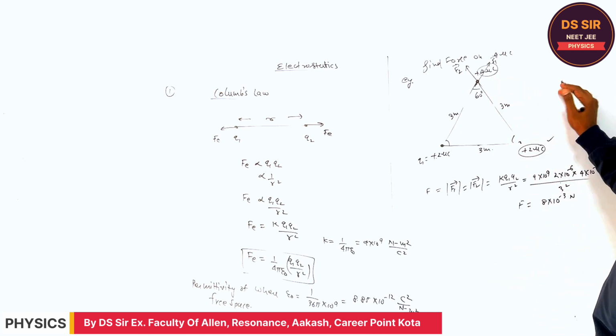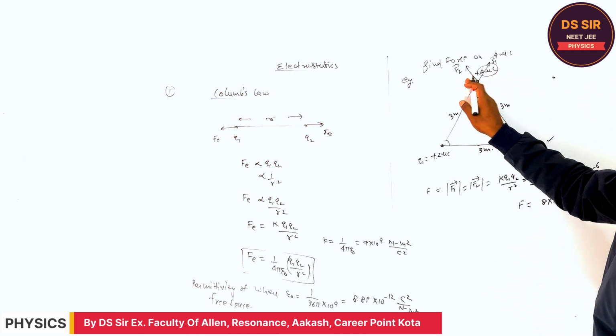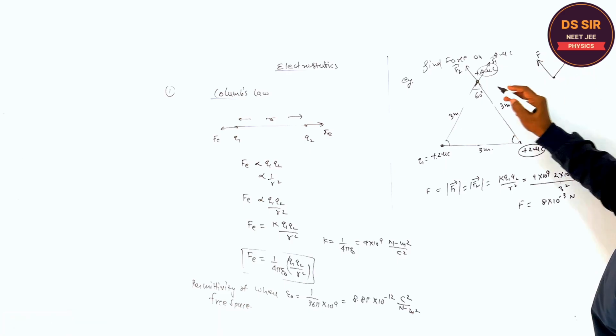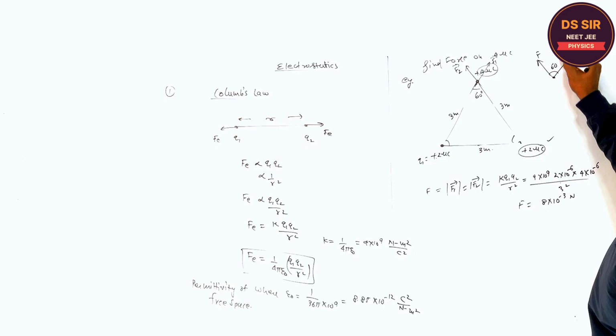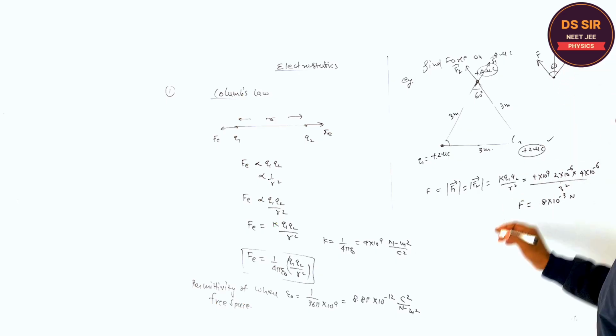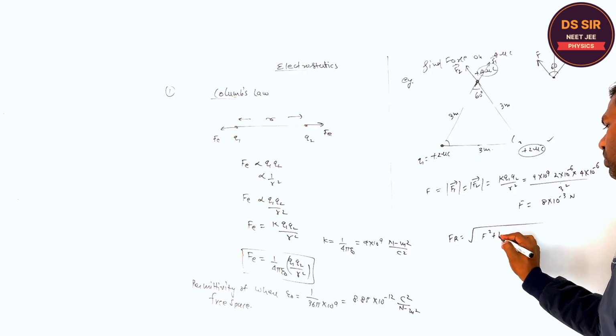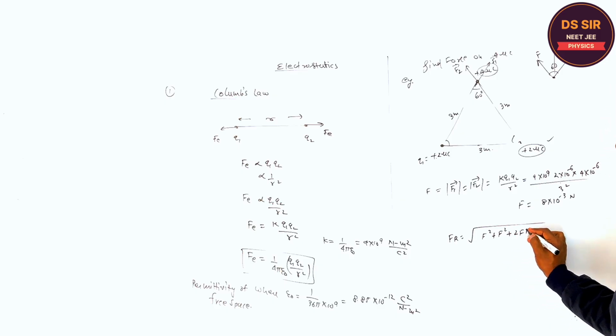Now we have to find the resultant force on this. F1 and F2 are both the same force, and what is the angle between them? 60 degree. So the resultant force can be found with the help of the formula root of F1 square plus F2 square plus 2 F1 F2 cos 60.